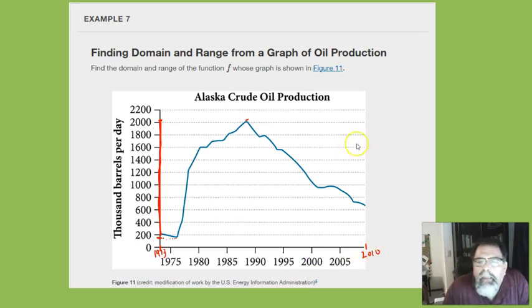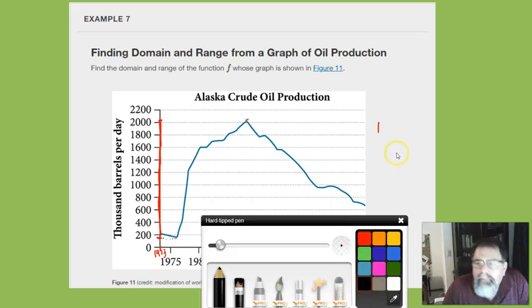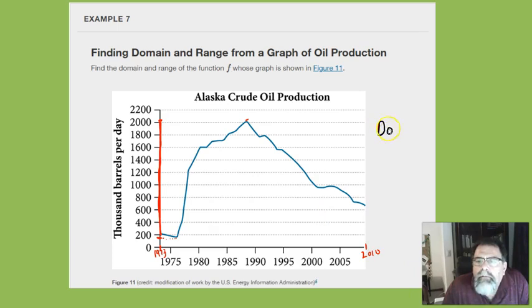Okay, so the domain would be, remember it's the x-axis, so 1973 to 2010.